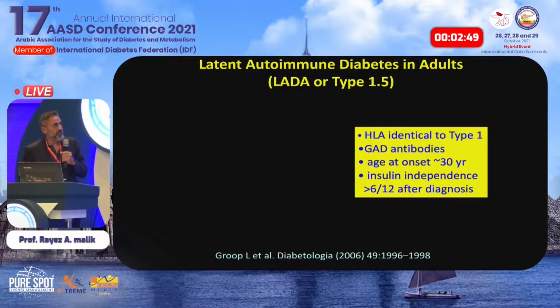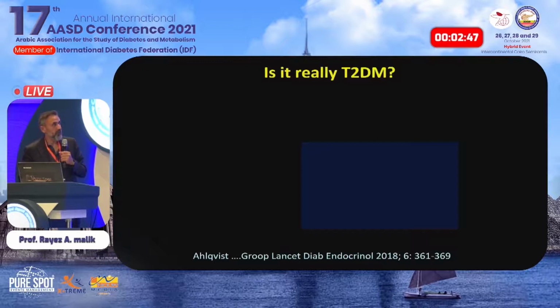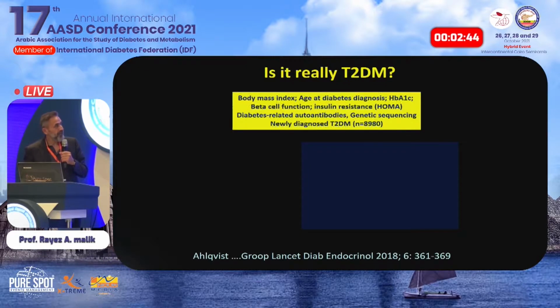Latent autoimmune diabetes in adults, we all are aware. And then what I want to finish off with is: is it really type 2 diabetes? When we see a patient who's older, we automatically think this is type 2 diabetes. But actually, this piece of work, which I think is amazing, published 2 years ago, looked at variants of type 2 diabetes.